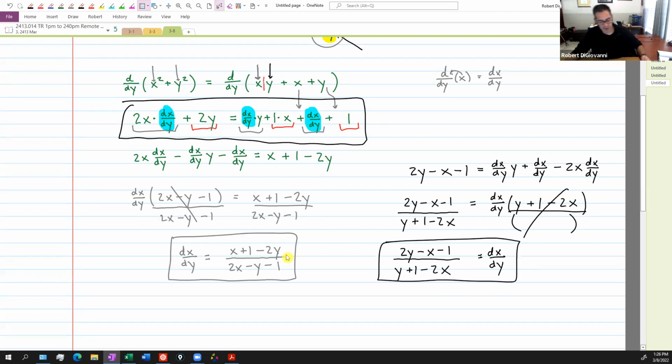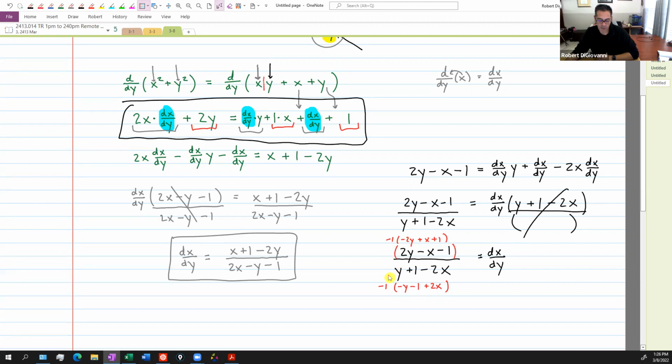Now, I know that these don't look exactly the same, but I can convince you, I think, that they are. Because what would happen if I took the top one and I factored a -1 out? If I did -1 here, I would get -2y plus x plus 1, right? And on the bottom, if I factored a -1 out, I would get a -y minus 1 plus 2x.